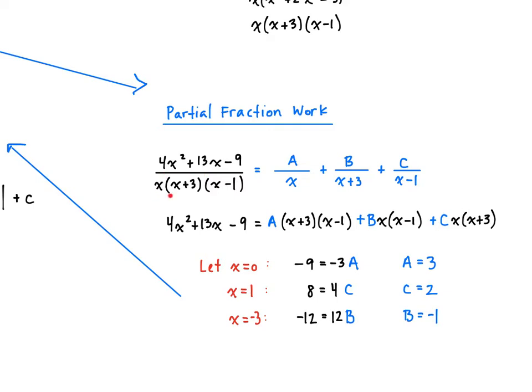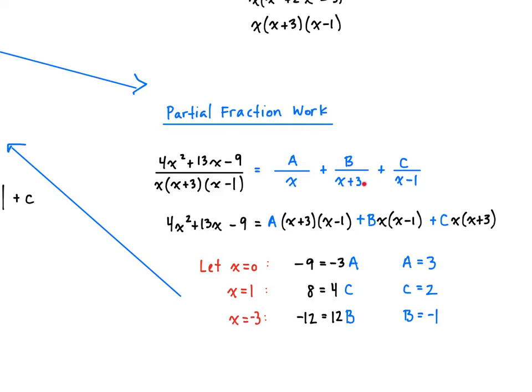Now, what we want to do is multiply both sides, so everything gets multiplied by this denominator. When we multiply the left side, the denominator goes away and we're left with the numerator. Multiplying A over x times this quantity, the x's will cancel, and we're left with these 2 factors.